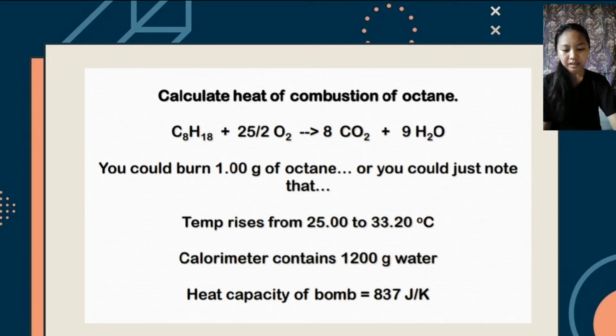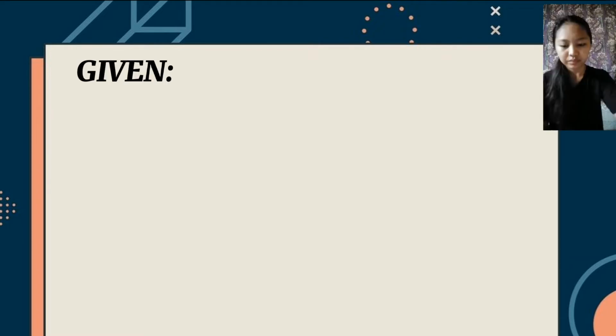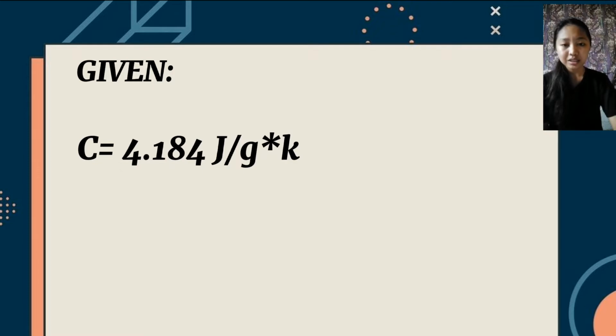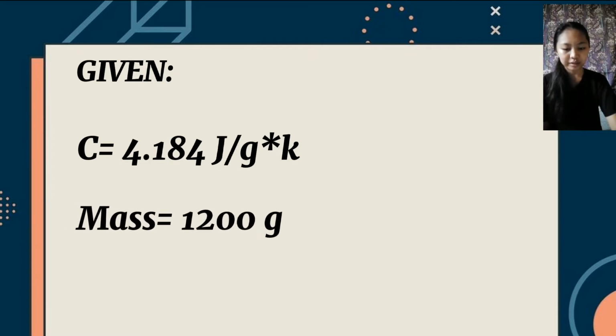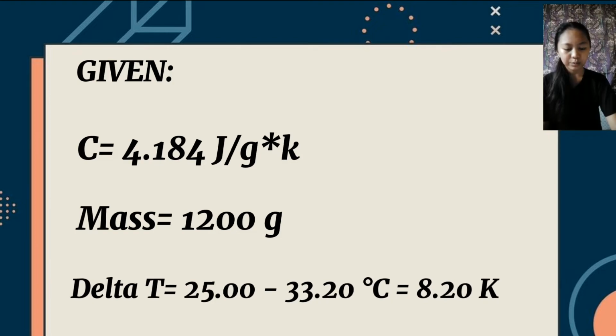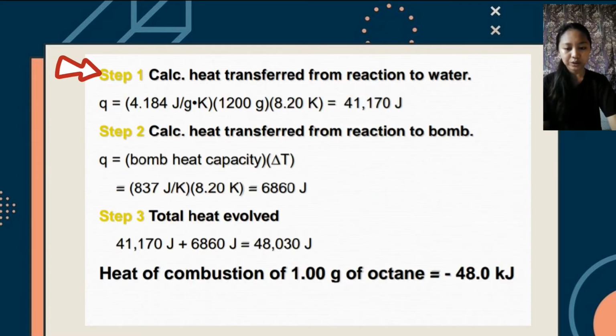The calorimeter contains 1,200 grams of water. The heat capacity of the bomb is equal to 837 joules per Kelvin. The givens are: C is equal to 4.184 joules per gram times Kelvin, water mass is equal to 1,200 grams, and the delta T will be 33.20 minus 25.00 degrees, which is equal to 8.20 Kelvin.